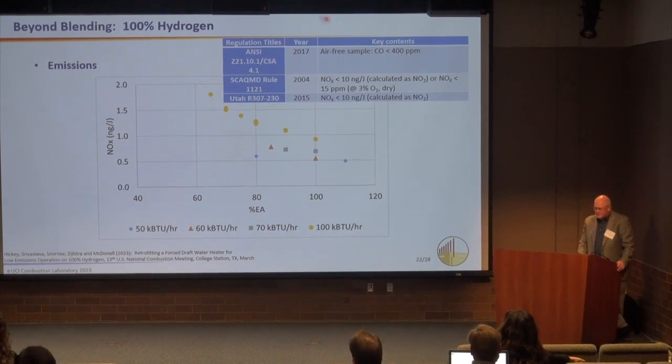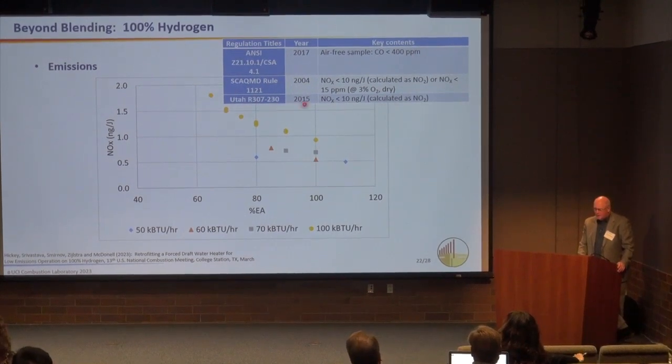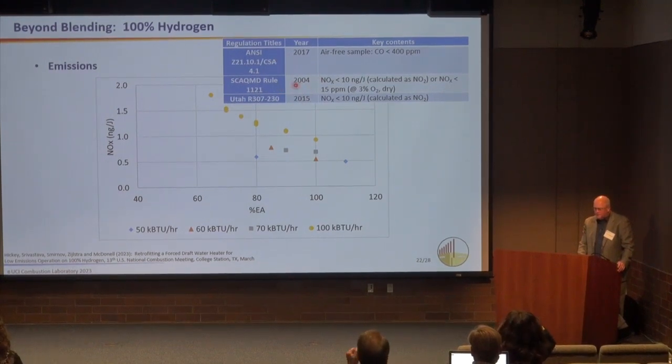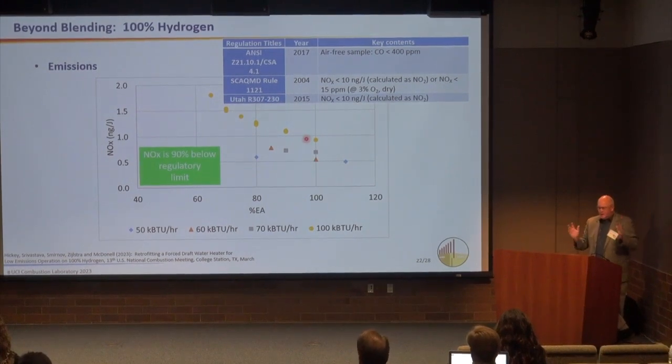These are the regulations for NOx for water heaters, notably in South Coast Air Quality Management District, as well as in Utah, where we both have challenges relative to air quality. The limit is 10 nanograms per joule, and these levels are below 2 down to maybe 1. So the NOx from this 100% hydrogen water heater is 90% below the regulatory limit.